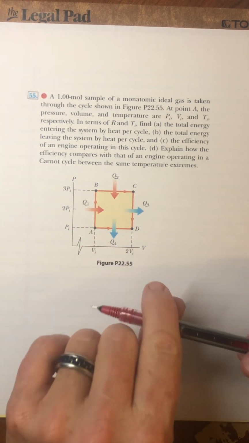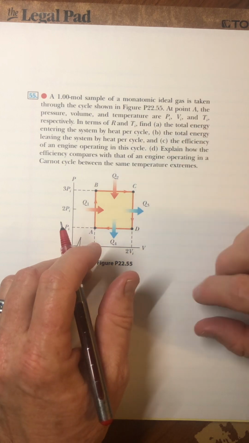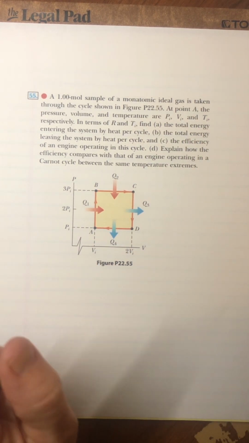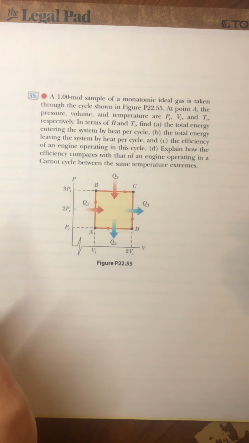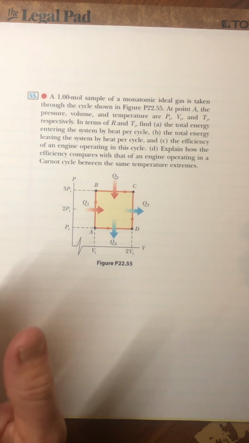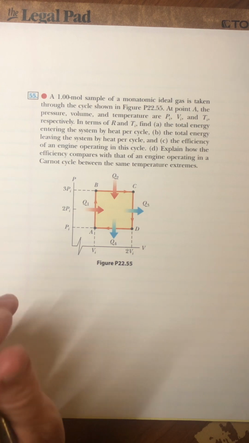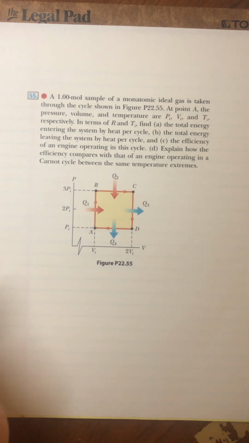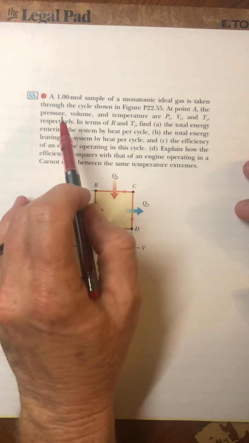One set of tables for the state functions, the P, V and T, and another table for the energies in the cycle of it all here. And maybe, unless it gets too long-winded, I might do what I did on number 20, where I added entropy at the end, and I don't know if that would be useful or not. But I'm going to just go ahead and see how much this takes me.